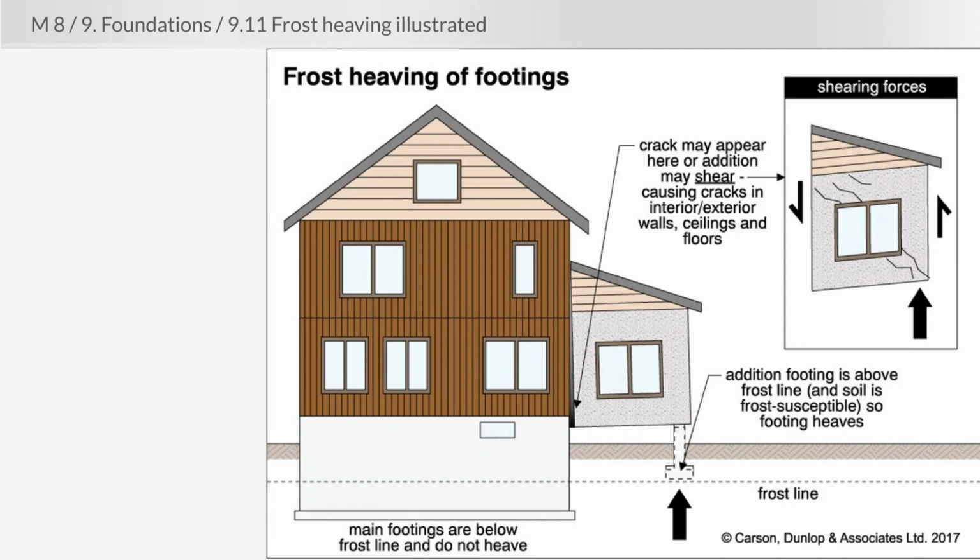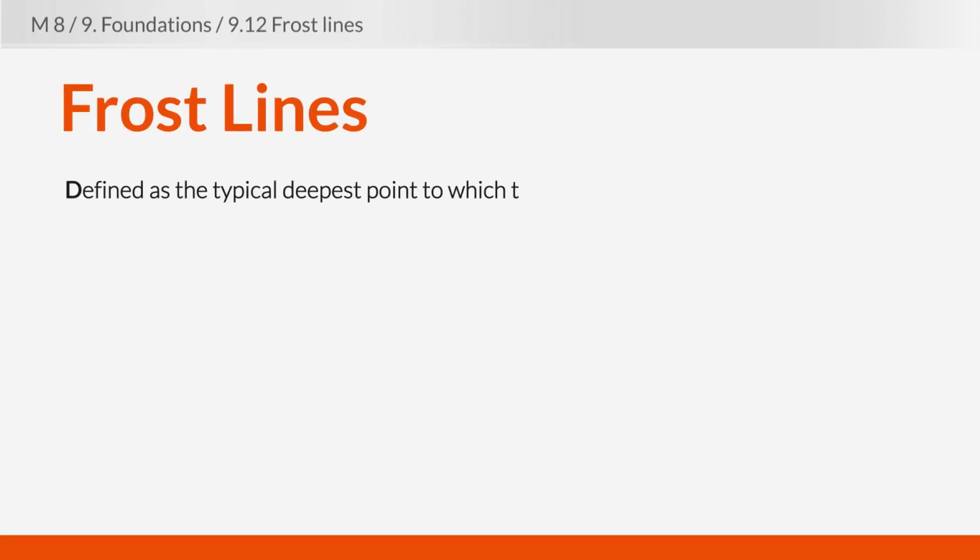Now, anytime a footing is placed above the frost line, it simply means that when the ground freezes, because of moisture, the ground is going to expand, and it could cause the footings to move up and down. And that can cause all sorts of structural problems in a house. So again, the frost line is defined as the typical deepest point to which the ground freezes over in any given winter season.